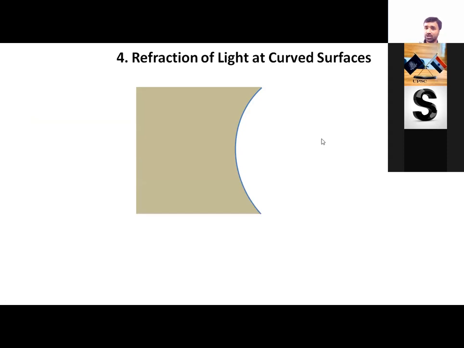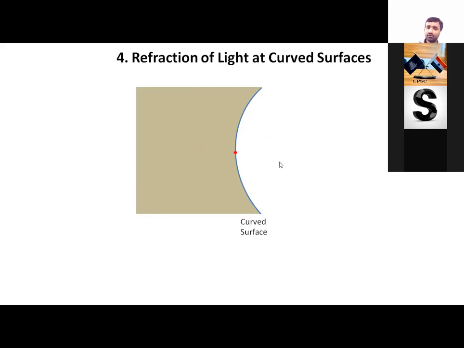In the previous case, you had the denser medium towards the concave surface. Now I changed that medium, with the denser medium towards the convex surface. Clear? I just changed the medium.